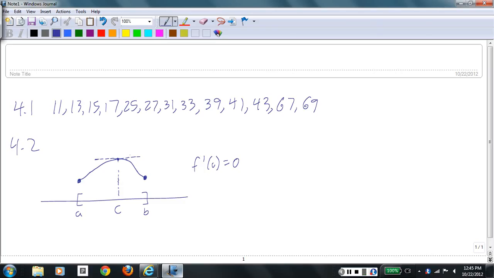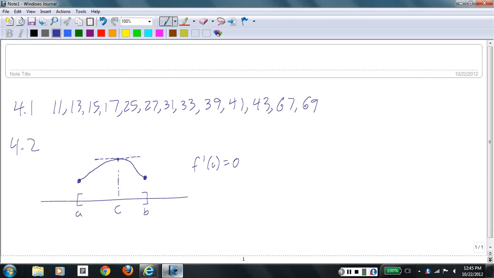Yes? Does it have to be symmetrical on the c line there? Does c have to be halfway in between? Is that what you're saying? Yeah. It does not. In fact, there could be multiple values of c. C could be on the far right, far left, as close to a or b as you please when you design a function to do like this.